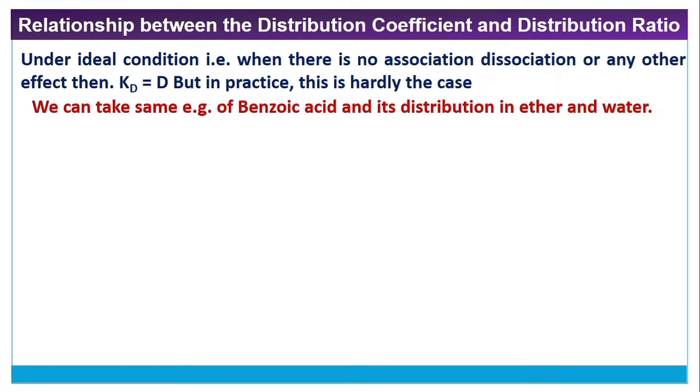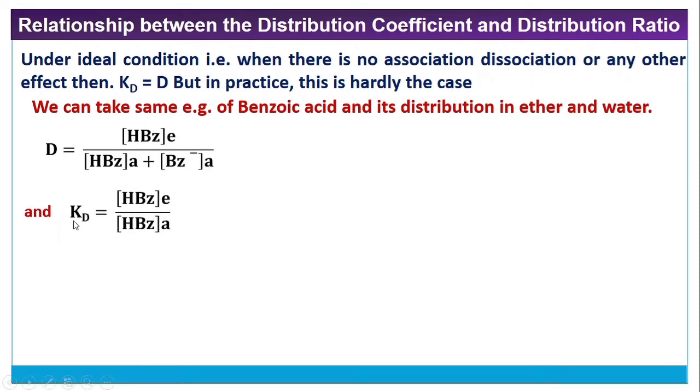We can take the same example, benzoic acid and its distribution in ether as well as water. The distribution ratio is equal to, as we learned in the previous slide, the concentration of benzoic acid in ether divided by the concentration of benzoic acid in aqueous medium plus some dissociated benzoate ion in aqueous medium.